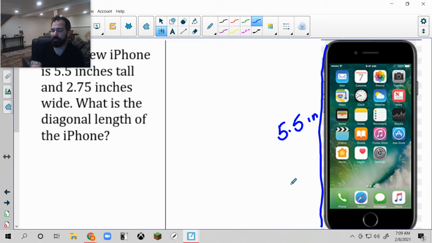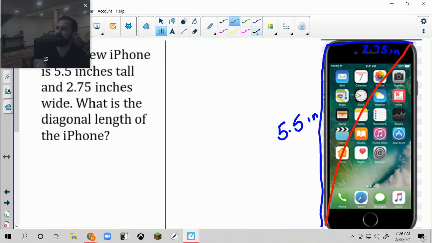And it is 2.75 inches wide. 2.75 inches wide. What is the diagonal length of the iPhone? So we are looking for the length from corner to corner. That's a really bad drawing, but that's okay. Corner to corner.